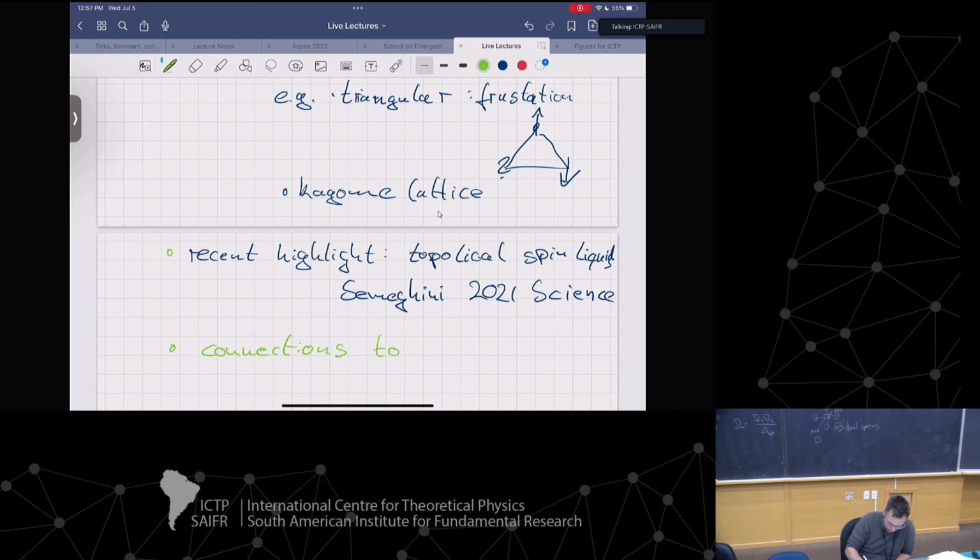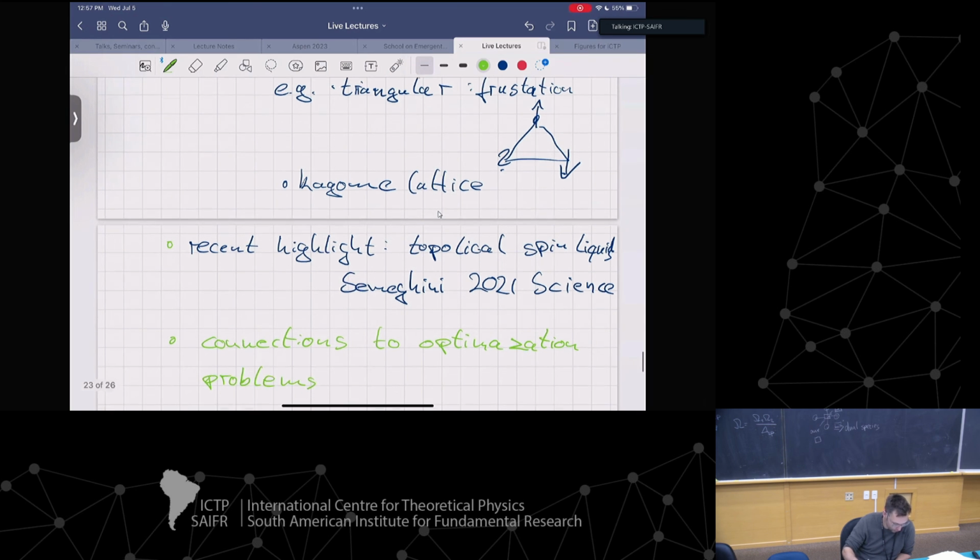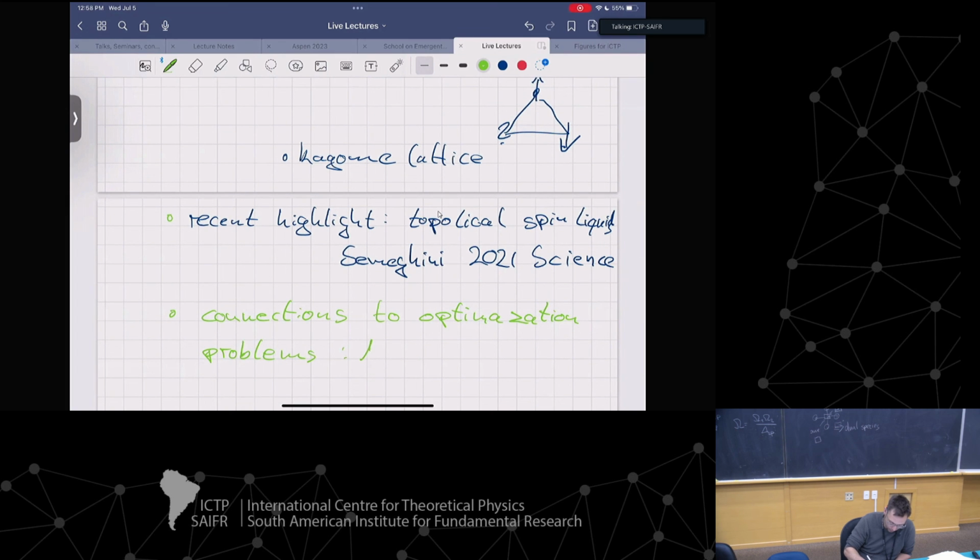And then what's also cool is that this is all spin models, but there are also connections to optimization problems. This got a lot of people excited, and I'm just name dropping here. So this is maximum independent set.